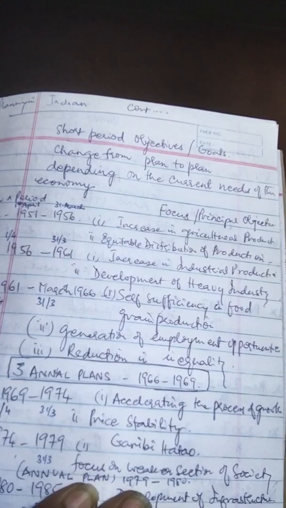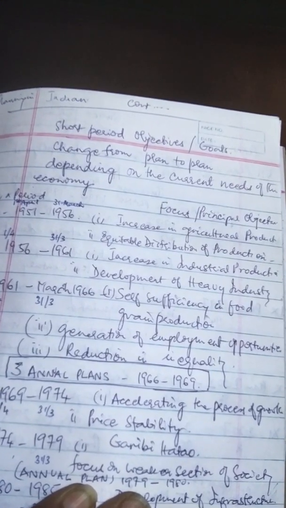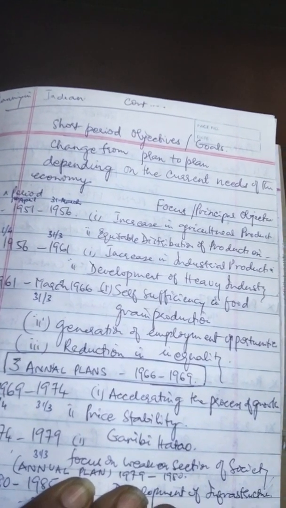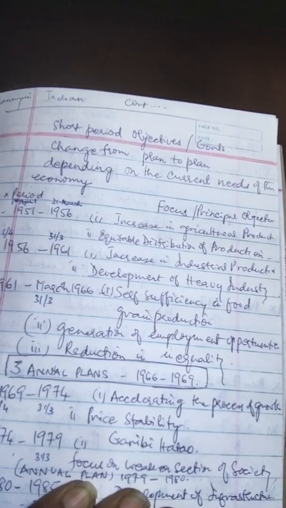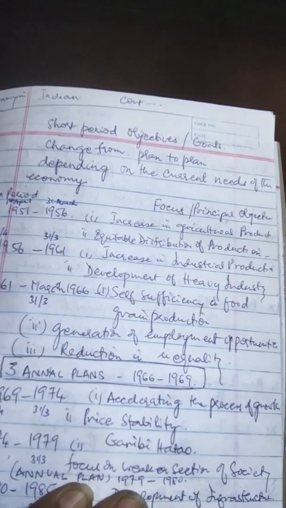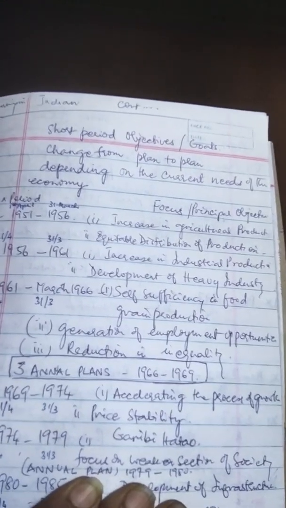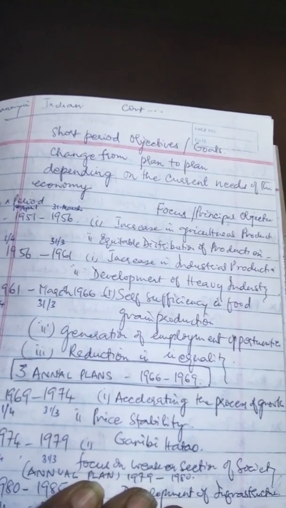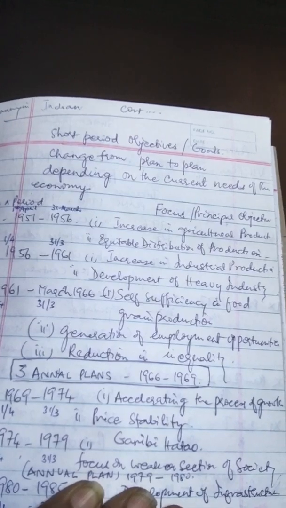Now let's take the plan periods. For example, the first plan was April 1st 1951 to 31st March 1956. What was the principal, or short term objective? Basically it was to increase agricultural production.